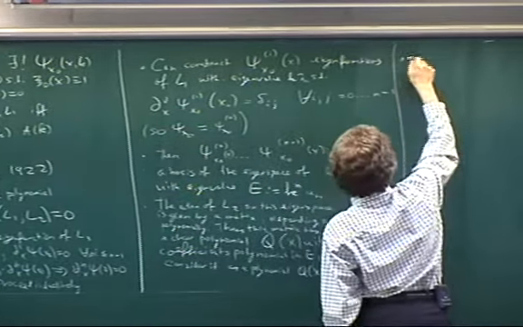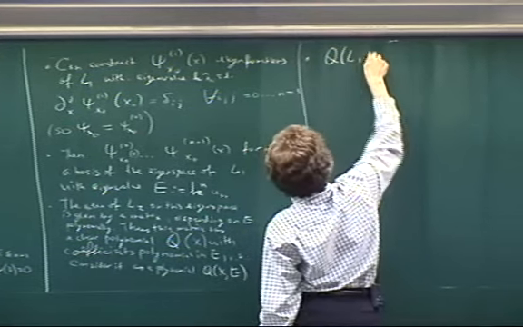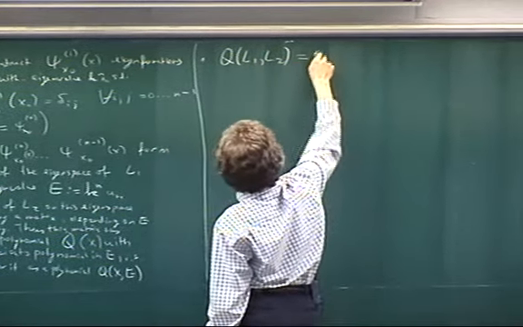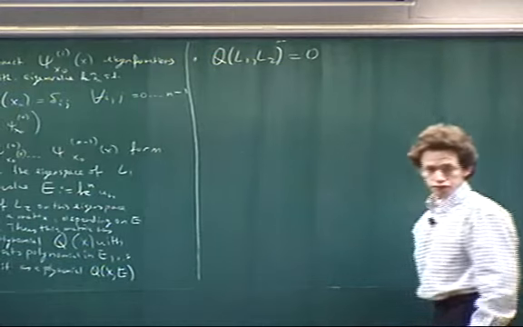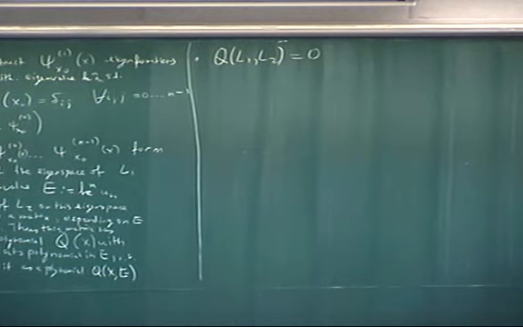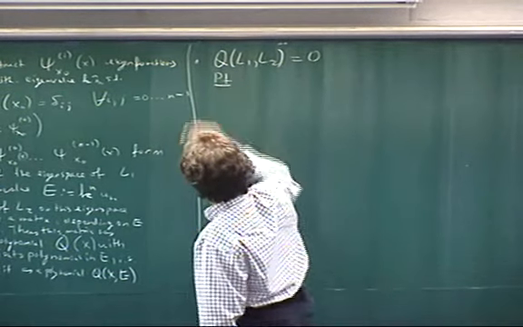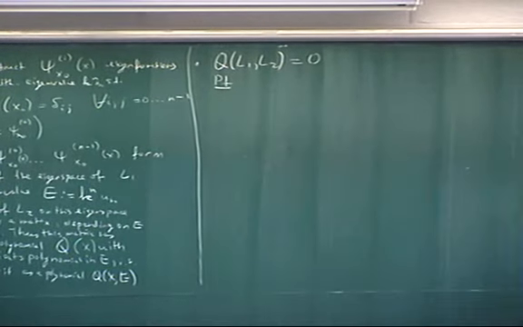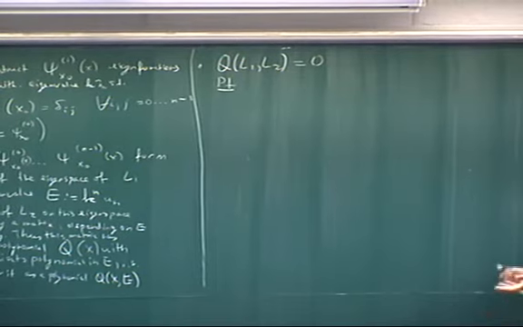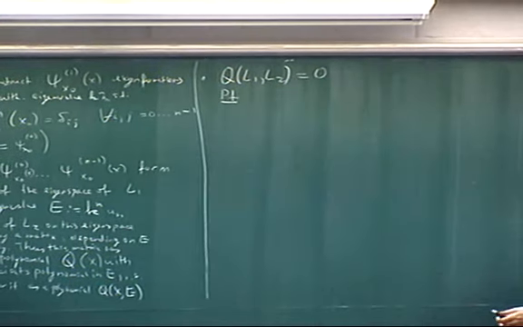So finally, I want to claim that Q of L1 and L2 is equal to 0. Okay? So here is a proof of this statement. The method is going to be very simple.